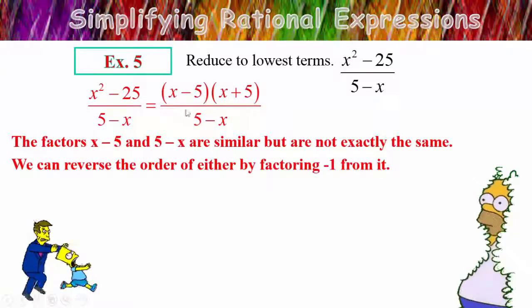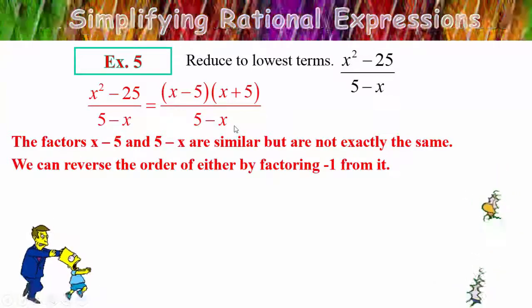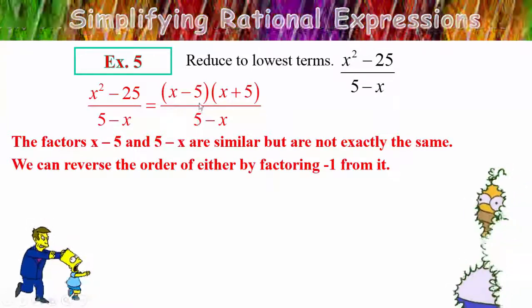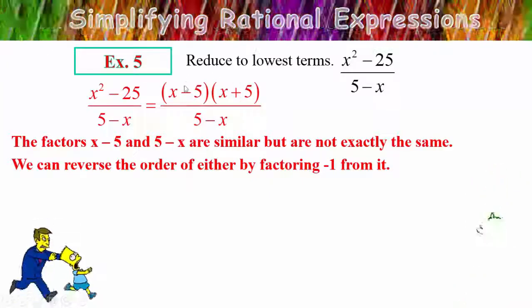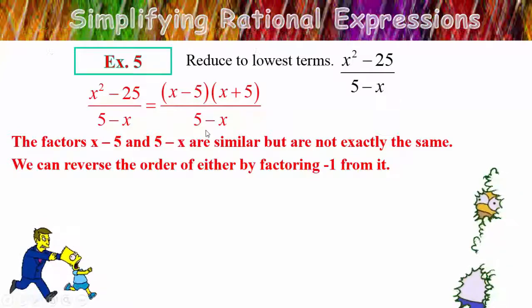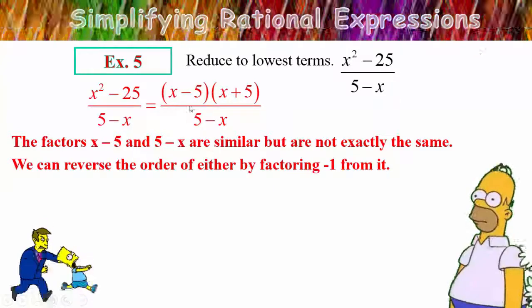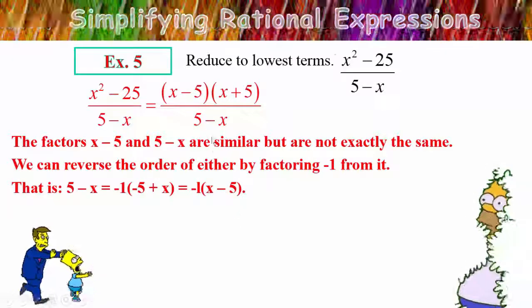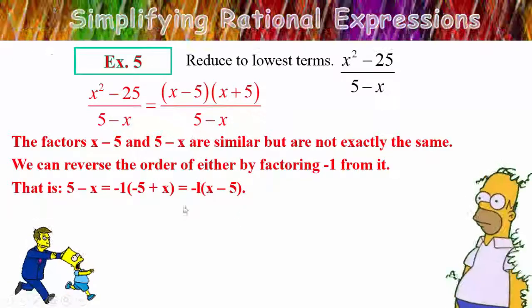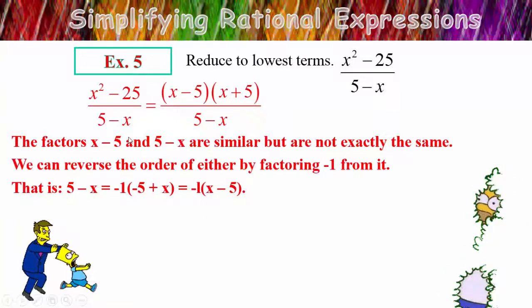And then I see on the bottom here, we're going to have to use our little trick, because on the bottom we have a plus 5 and a negative x, and that doesn't correspond to any of these. And you say, oh, well, we're finished. But no, we are not, because we can factor out the -1 here to get -1 times x minus 5, like I said earlier.